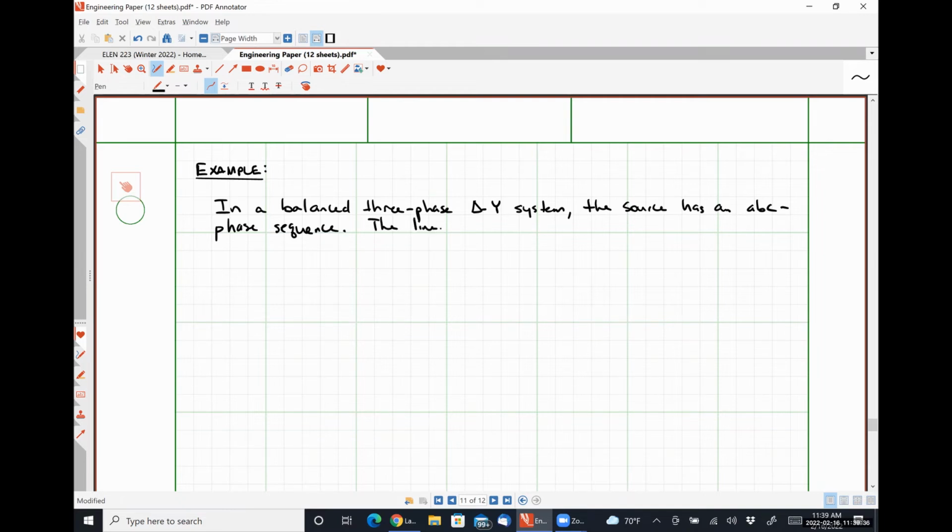The line and load impedances are 0.1 plus J 0.1 ohms and 10 plus J4 ohms respectively.